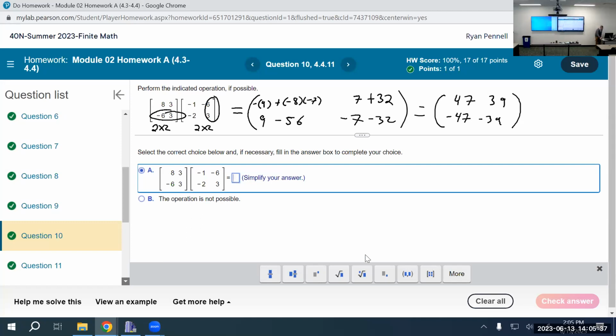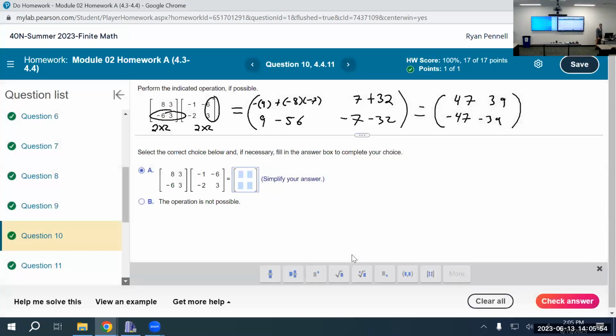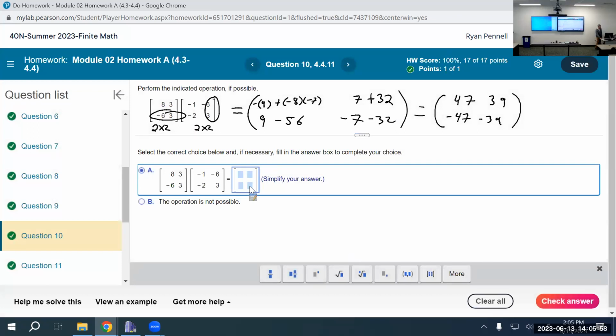If I go down here, you can see that it offers that matrix button. If you click that matrix button, you can select what size you want. By default, it's 2 by 2. That's what I want, and then I can enter in my entries.